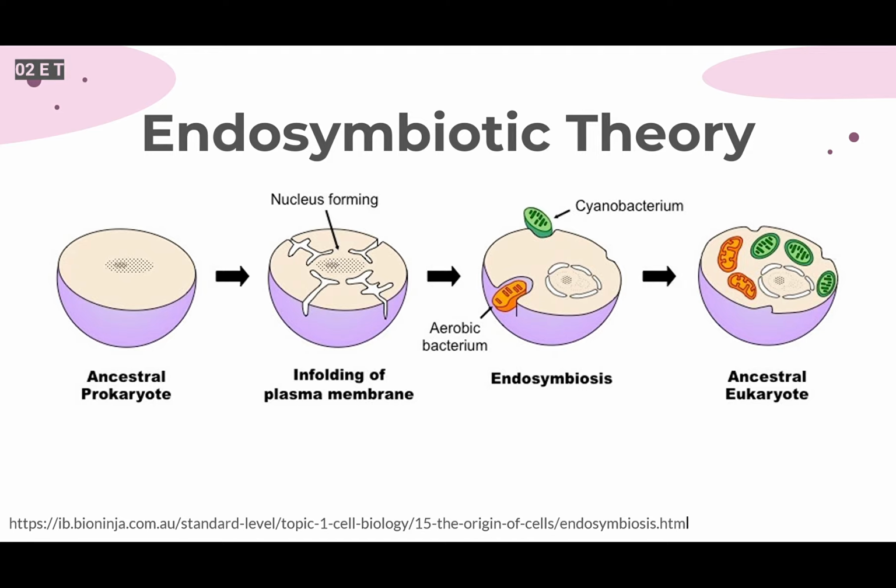And this phagocytosis is the process in which the organelles, modified bacteria, were taken in by the bigger cell. That is because the double outer envelope of mitochondria and chloroplasts originated from the bacterial plasma membrane and the membrane of the engulfing phagocytic vesicle.